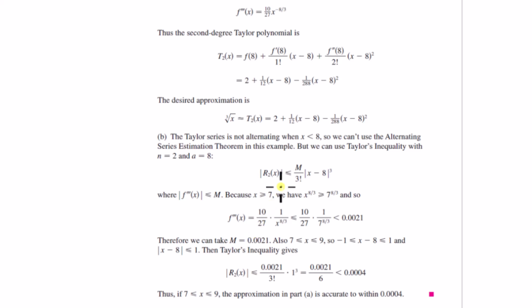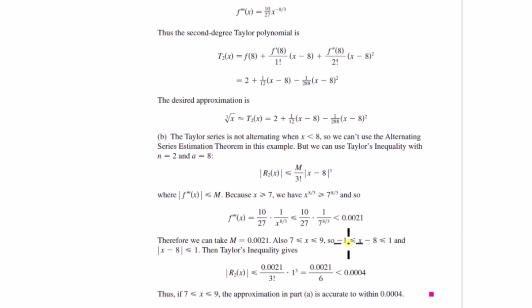They plug this capital M in here. Now we can simplify this further, because we have an actual restriction on x: x must be between 7 and 9. So we can ask what value of x would make the absolute value of x minus 8 cubed the largest. It's not like we have to choose the same x value that we chose for M. These are two different questions.